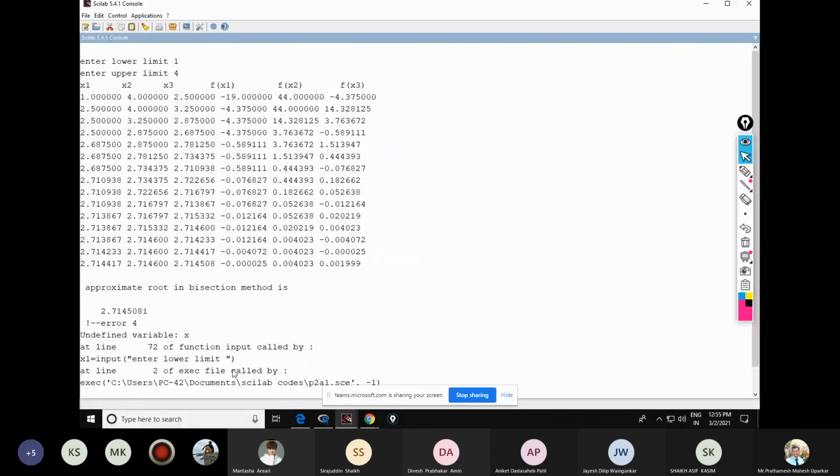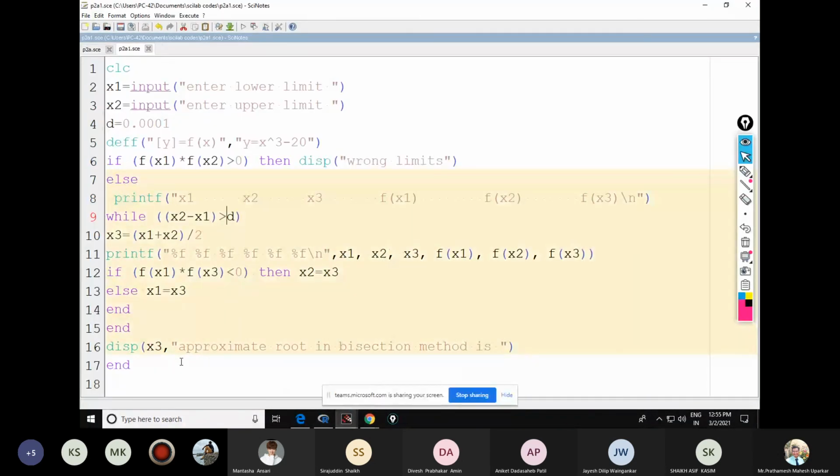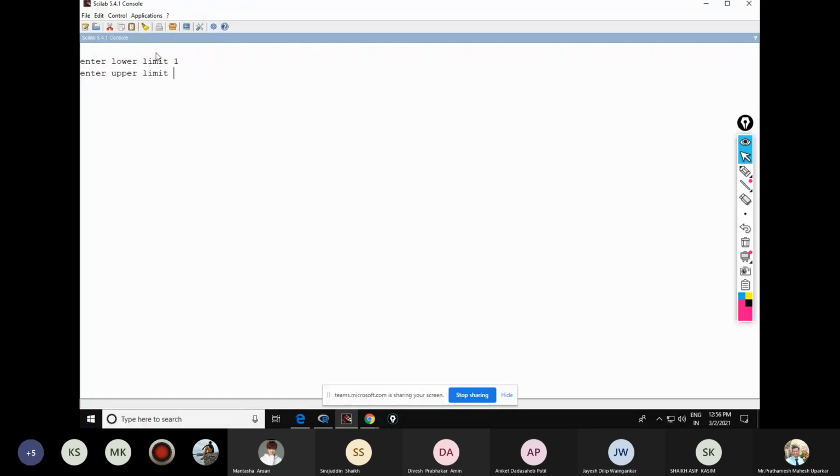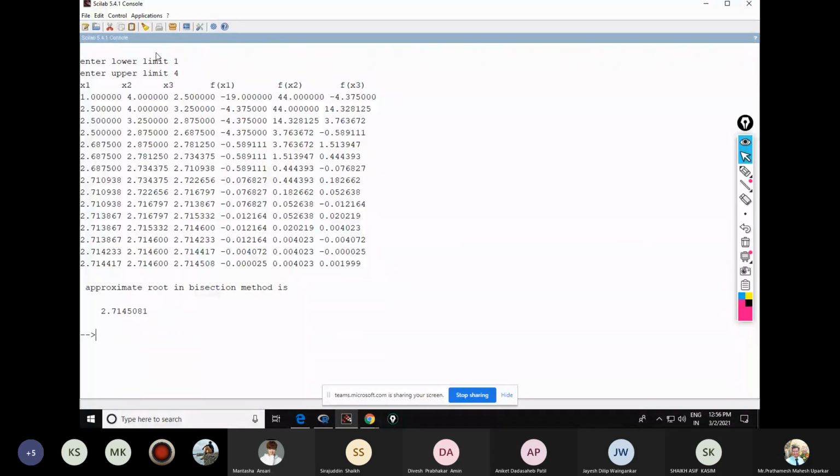Undefined variable x. Where did I use x? Have I used x somewhere? My program is correct. Why is it saying that? Now it's correct.